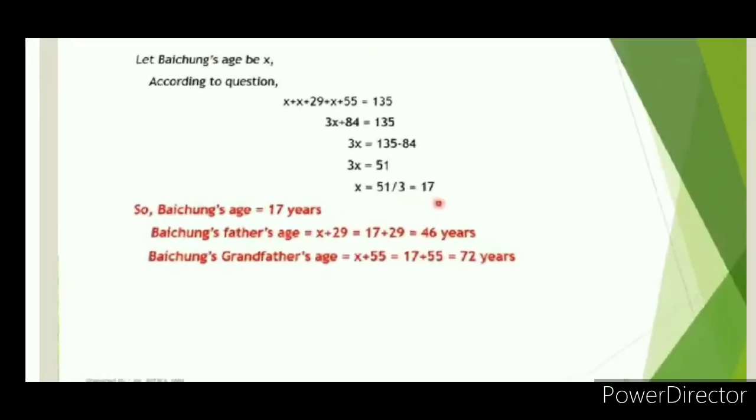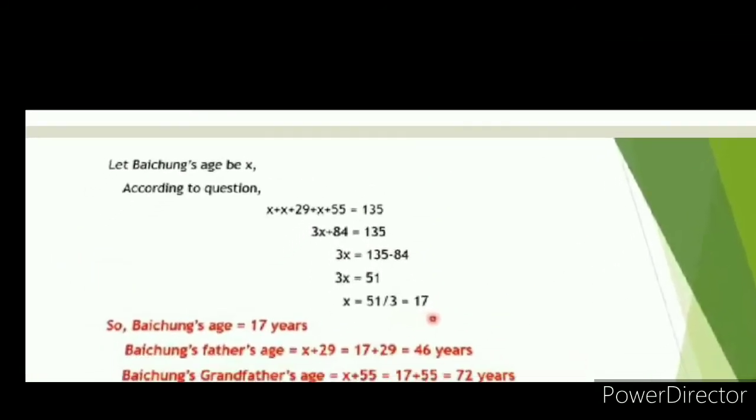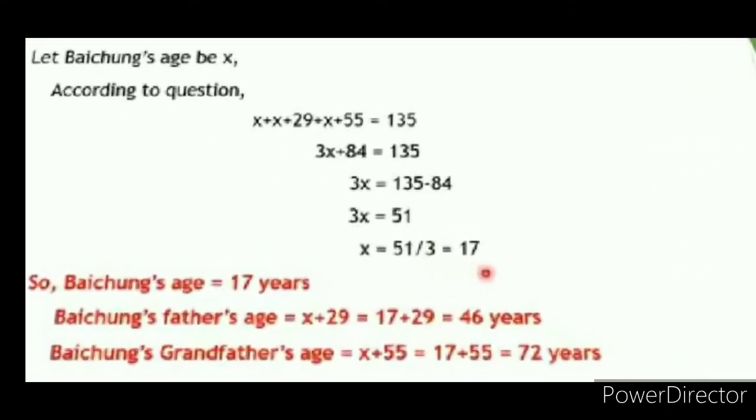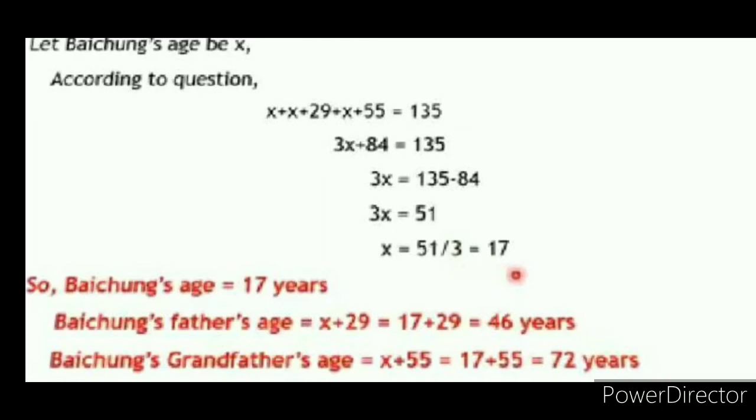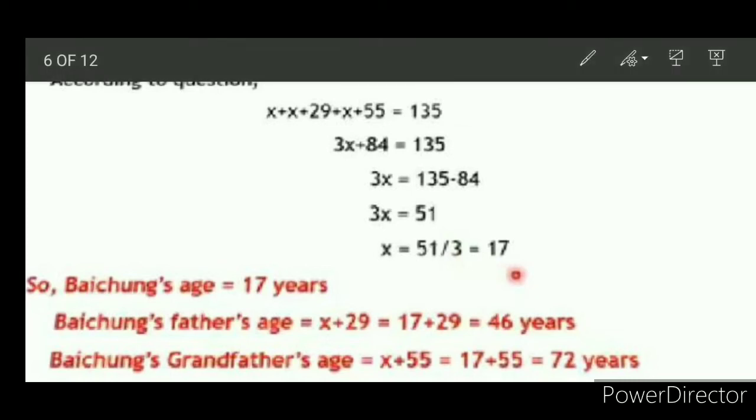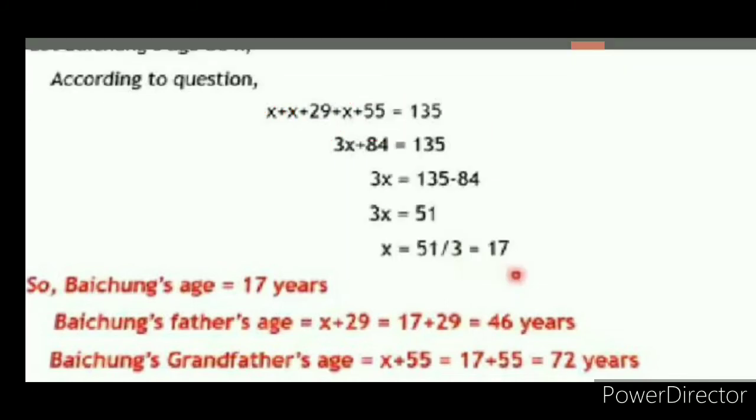According to the question, the equation is x plus x plus 29 plus x plus 55 equal to 135. This x is Baijung's age, x plus 29 is Baijung's father's age, x plus 55 is Baijung's grandfather's age. If we do the calculation, we will get the x value.